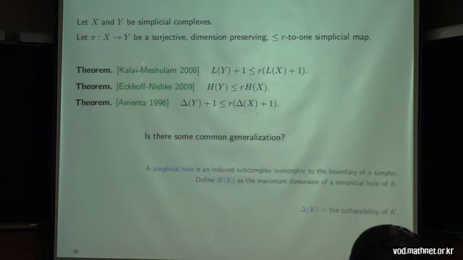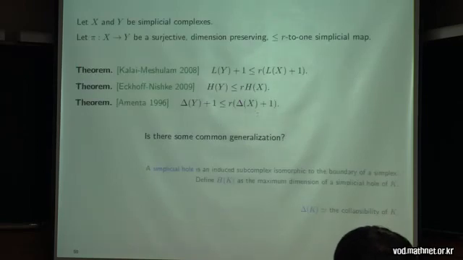There are various indices on a simplicial complex, which if you can bound it for X, you get a bound for Y. It can be the Leray number, that's what Kalai and Meshulam proved. It can be the Helly number, meaning the dimension of the largest boundary of a simplex that you can find as an embedded subcomplex.